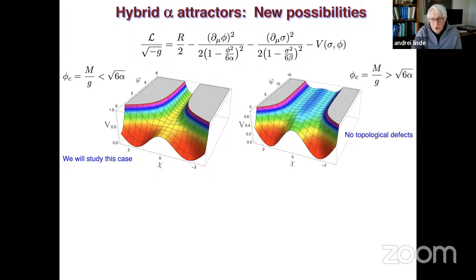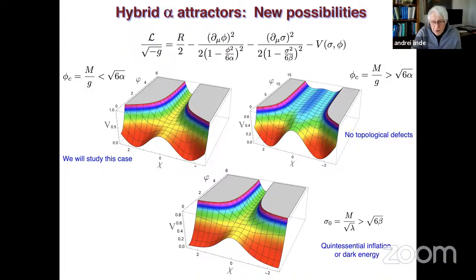But if you study alpha attractors with a value of alpha which is rather small, then when you plot the potential at large values of the field phi, you will see that large values of the field phi are already beyond the singularity. And therefore, in this kind of theory, even at infinite value of the canonically normalized scalar field phi, you always have spontaneous symmetry breaking, and therefore you never produce any topological defects.